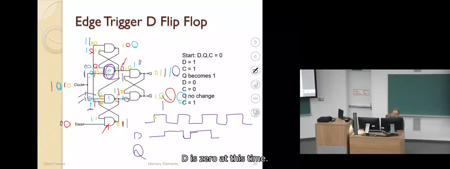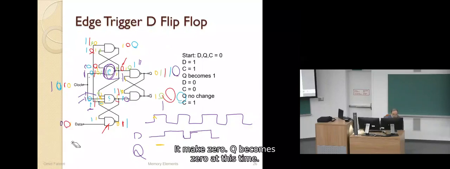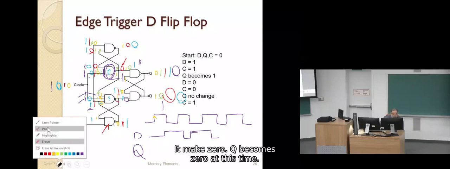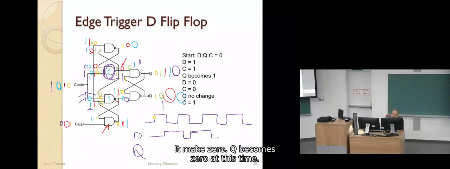Data D is 0 at this time. So Q becomes 0 now, 0 at this time. 0, not 1. I put 1. Let's make it 0. So Q becomes 0 at this time. At this time with a very short delay, let's say here, Q becomes 0.